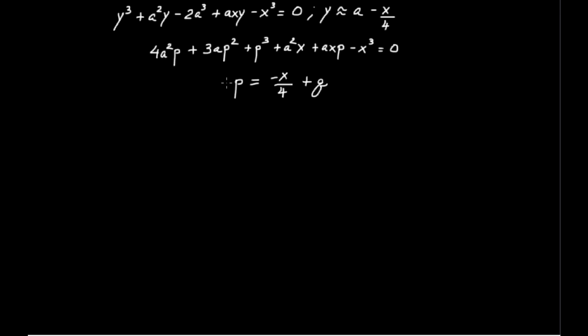Now I'm going to substitute that value for p into this polynomial that we have for the x's and p's. So this is going to go into that polynomial up there.